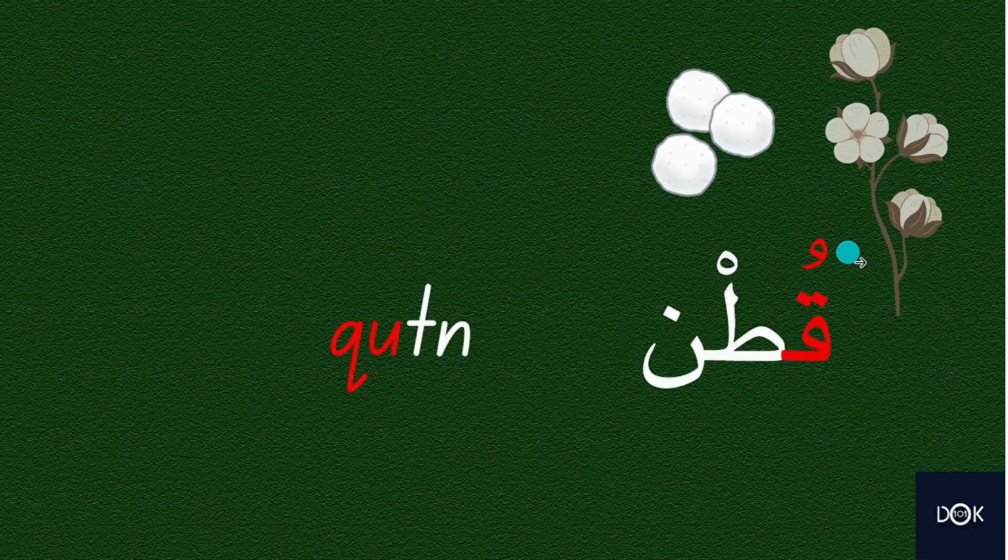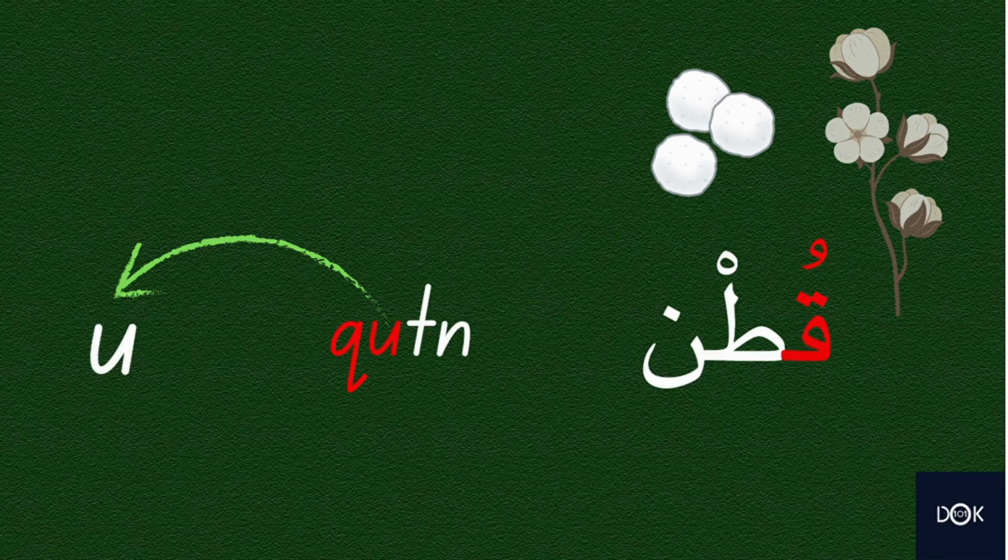It looks like a slanted wow and is placed over a letter, and when we read qu, qutun, we gather our lips. And the sound of Ḍammah is similar to the English vowel U. So qutun is cotton and we gather our lips.